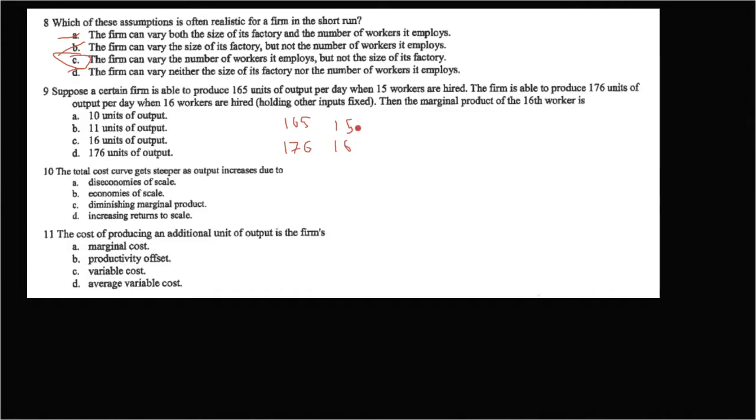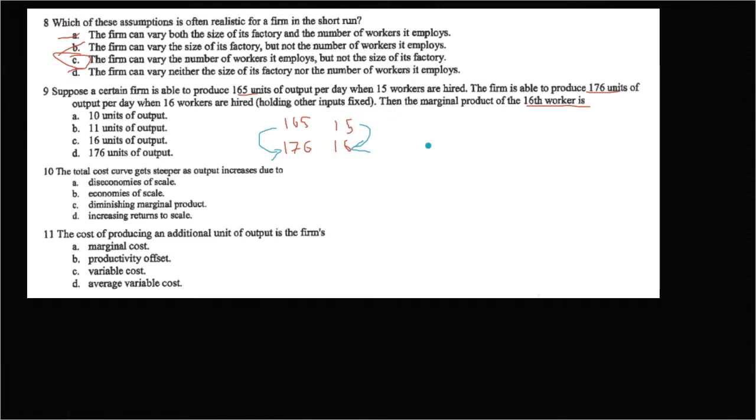Alright, so we want to find the marginal product of the 16th worker. So these numbers are the outputs, 165 and 176. When we go from 15 to 16, our output increases, and we want to find the change in the output based upon one worker.